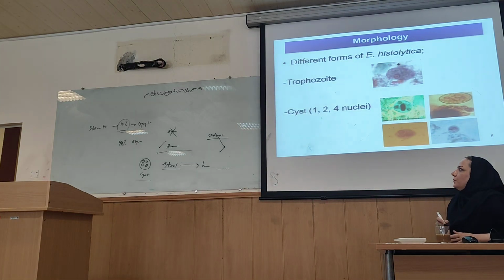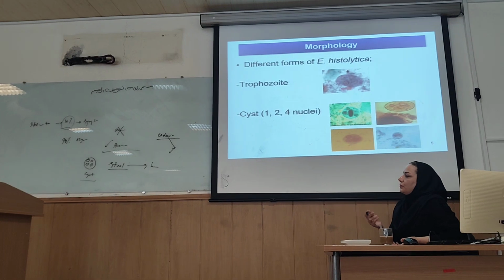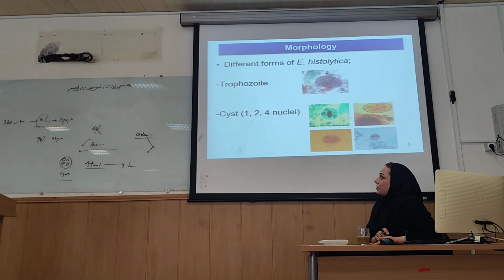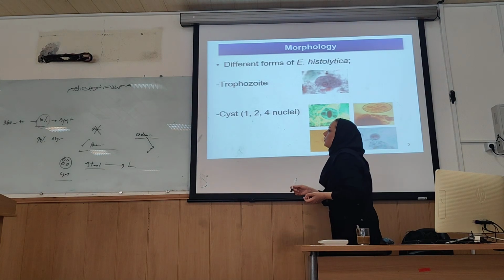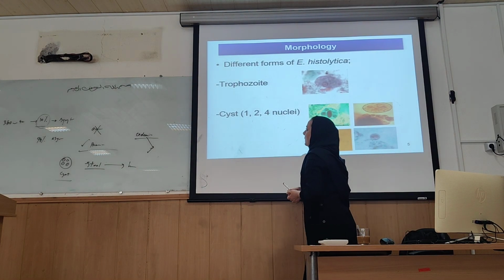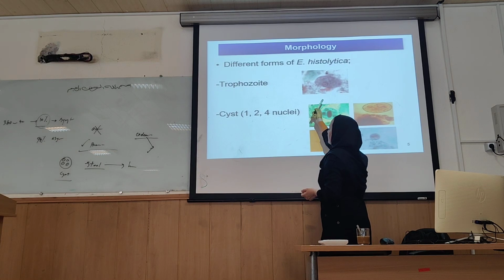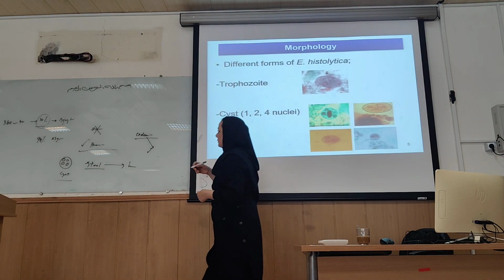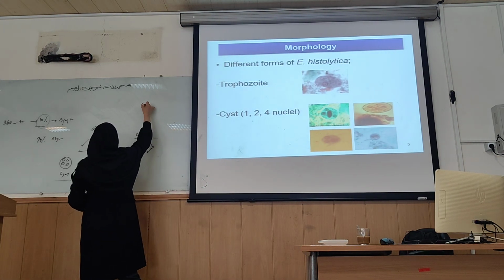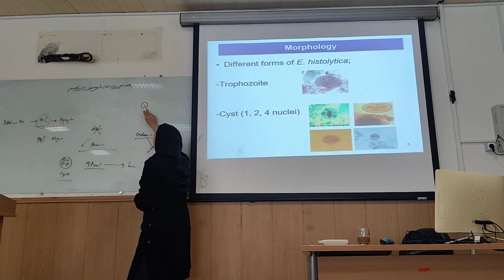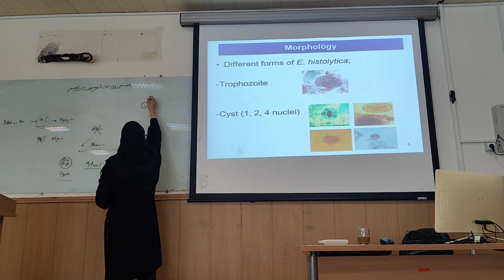They have two forms. One of them is the active form, which is the trophozoite, and they also have the non-active form, the cyst form. The trophozoite has the nucleus, the karyosome or endosome, which is central in the middle of the nucleus.